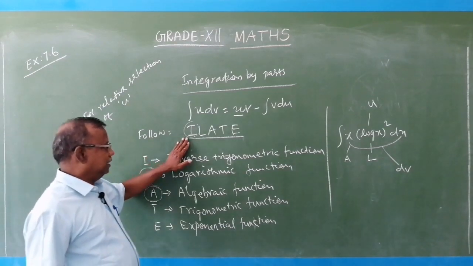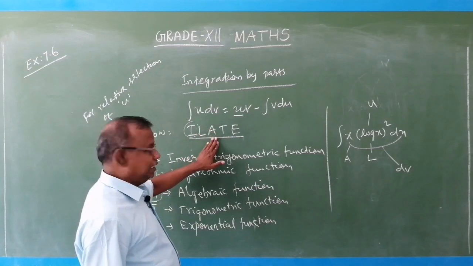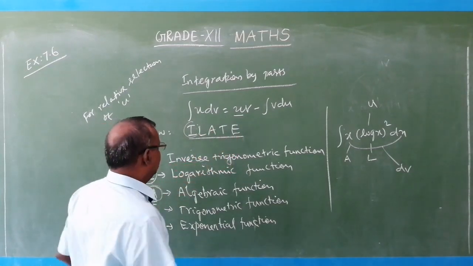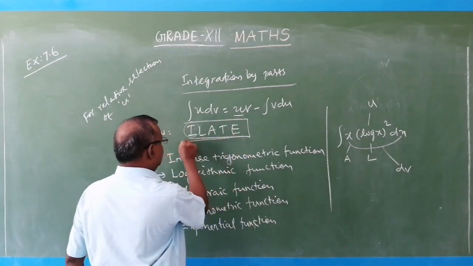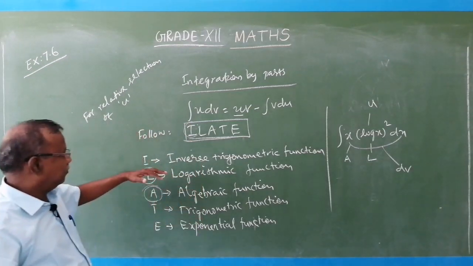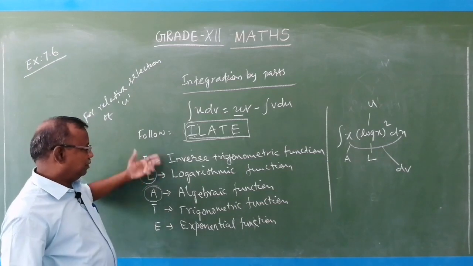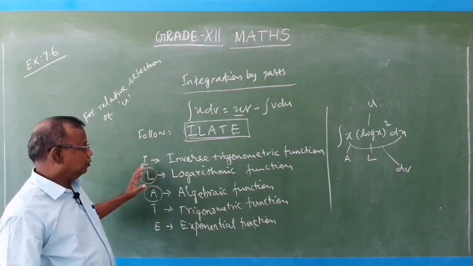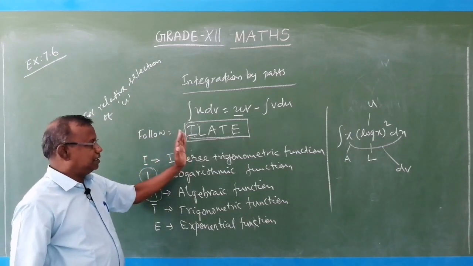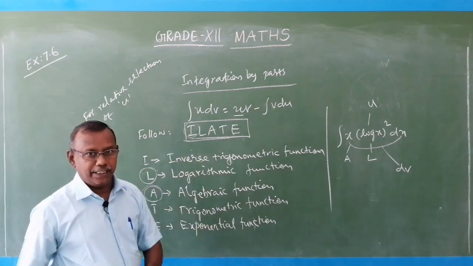First I, second L, third A, next T, next E. ILATE is one of the most useful procedures for selecting u. Whichever comes first is u, and the other is dv.